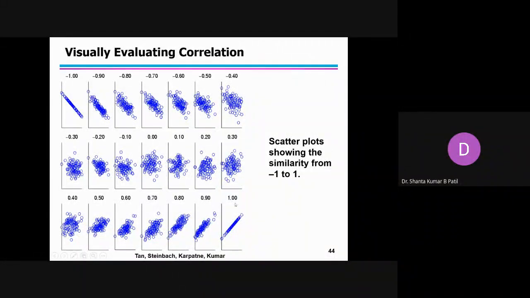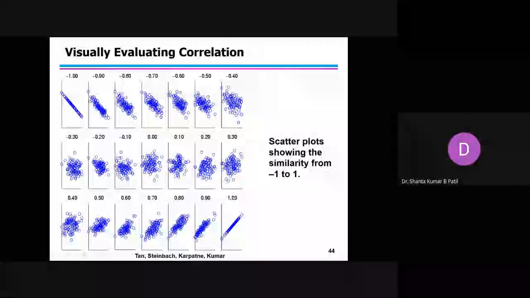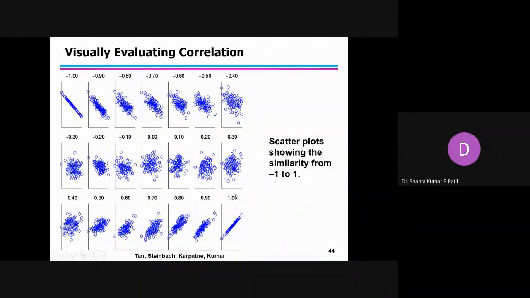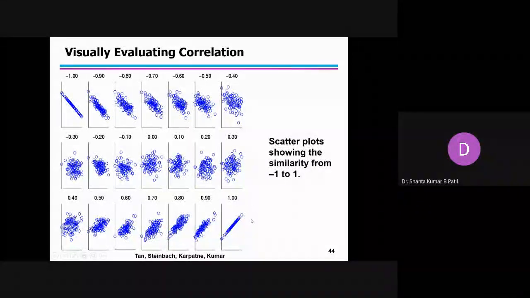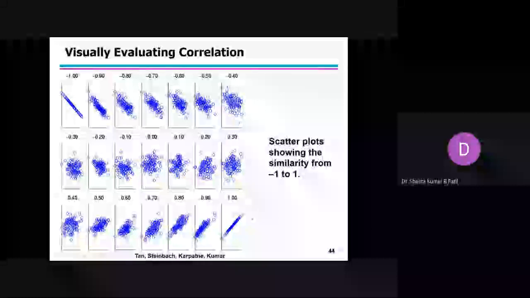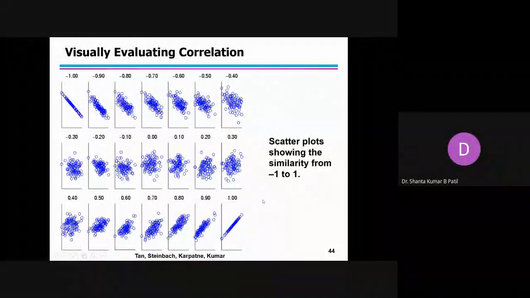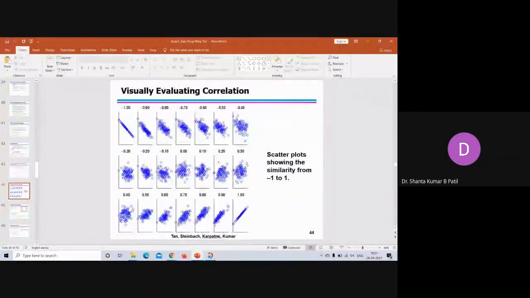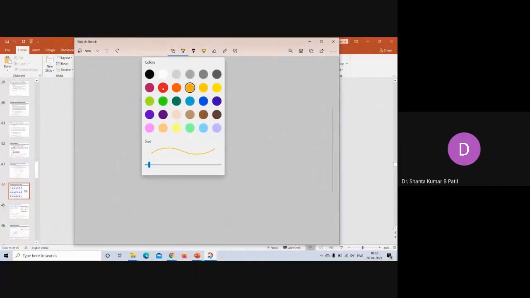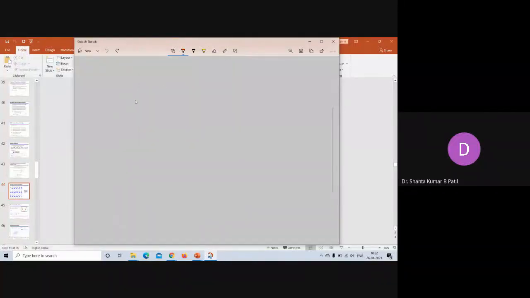If the linear value is 1, that means the two points are similar. If the two points are similar, that is the equation, what you can call a linear equation. I'll show the linear equation. X is equal to ay plus b.